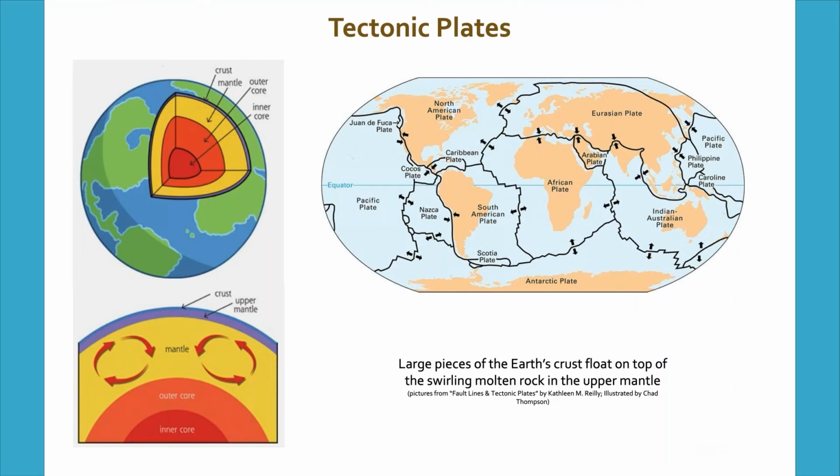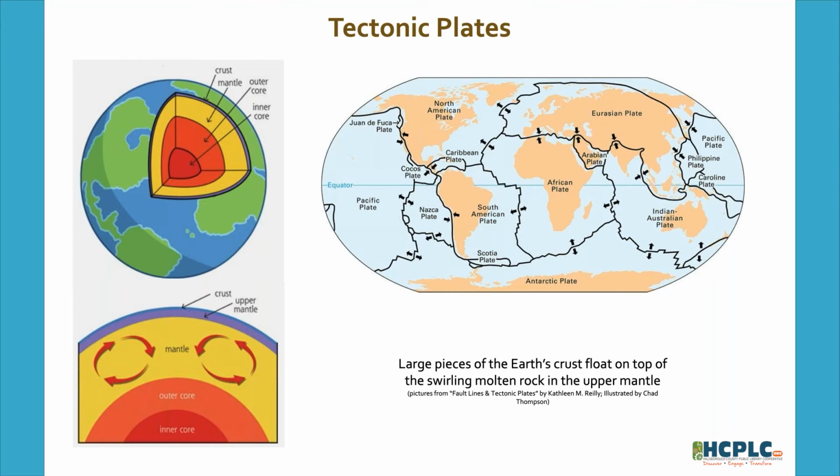And the theory of tectonic plates is that the Earth is broken up into these different land masses, which you'll see on the map of the Earth on the right. So you'll see that there are a bunch of different plates, like the Pacific plate, the North American plate, the African plate. These are all of the tectonic plates that are constantly moving on top of the Earth.